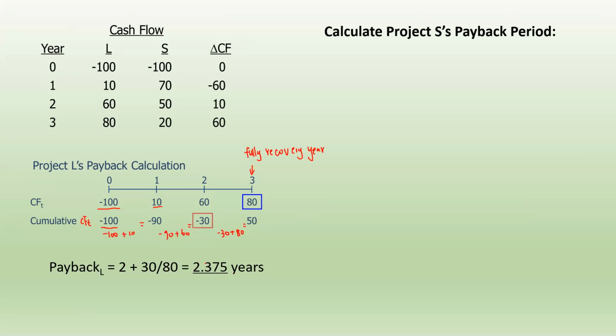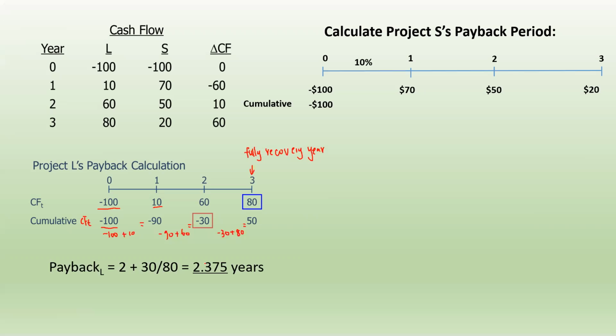Project S's payback period is calculated the same way. We first list the cash flows, then we list the cumulative cash flows. For t equal to 0, the cumulative cash flow is negative 100. At t equal to 1, for project S, we have a $70 cash inflow, so the cumulative cash flow for t equal to 1 is negative $30.